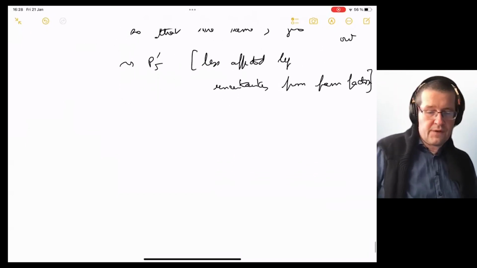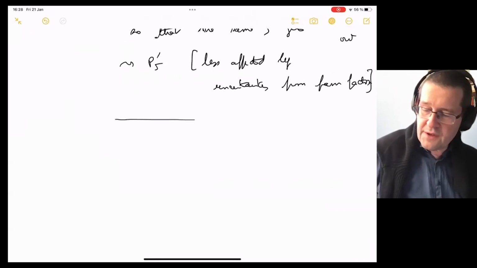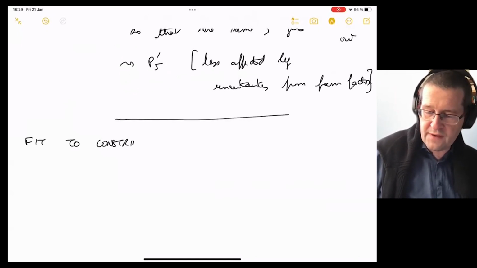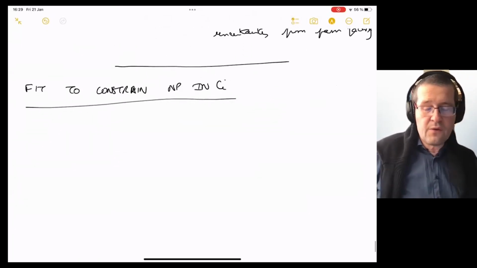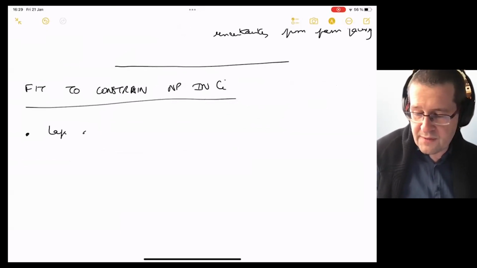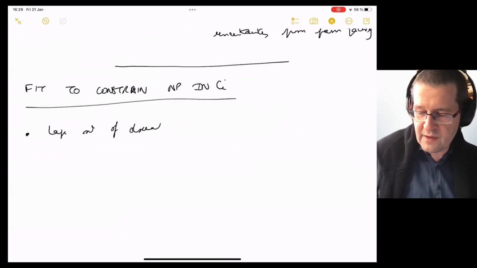So I will just take very few moments to say that you can do a fit to constrain new physics in the Wilson coefficients. Here, contrary to B to tau nu, you've got a large set of observables.